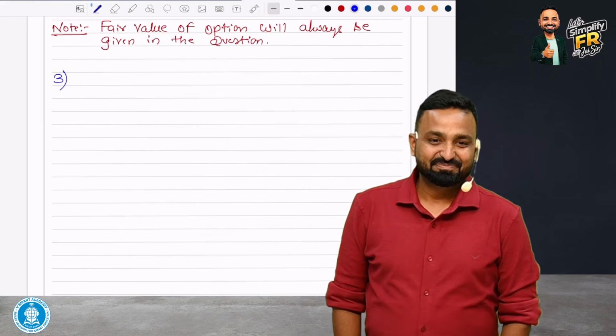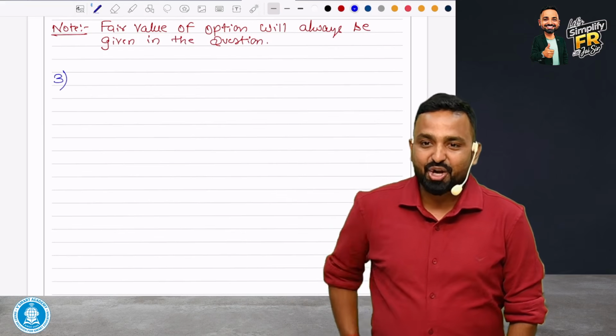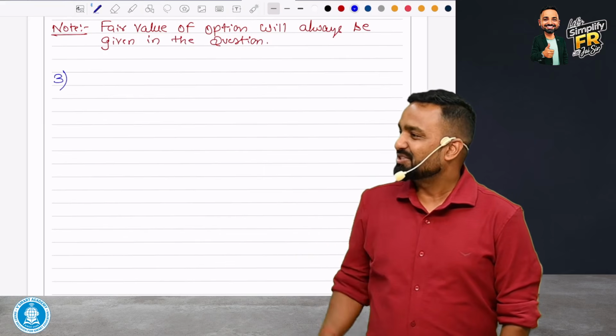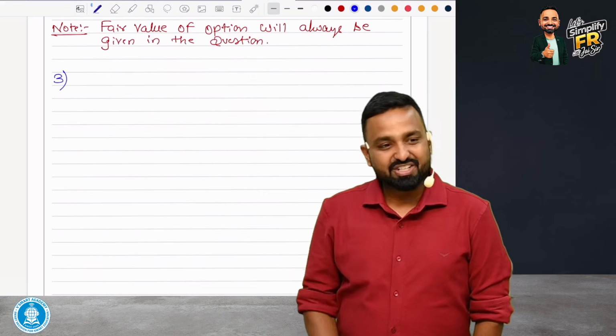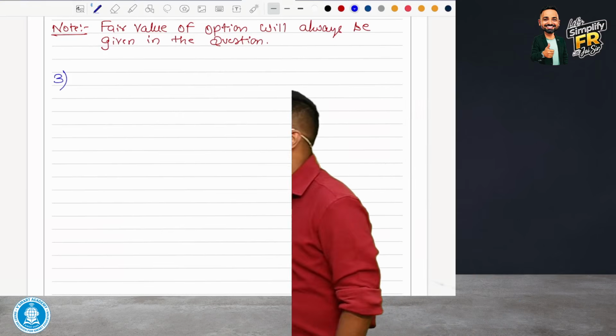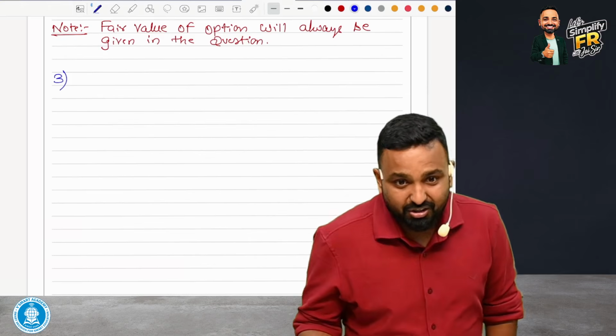Why? My obligation is not to settle 5 lakh rupees. My obligation is to give the shares. Shares are fixed. This is an equity transaction. Now, little bit understood or not?